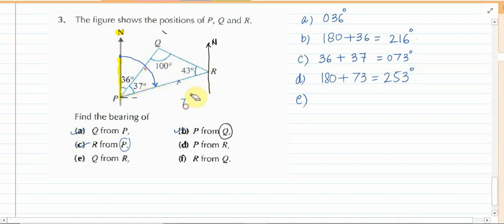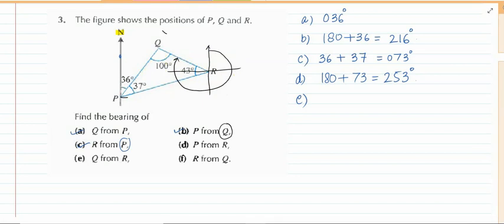So I am going to remove it so that I can explain better the next part. Part E says Q from R. Q from R, that means north of R, and I am going to find from north till the angle this one, right? In last part we had found the angle from north of R till the point P. This angle we had found is 253.